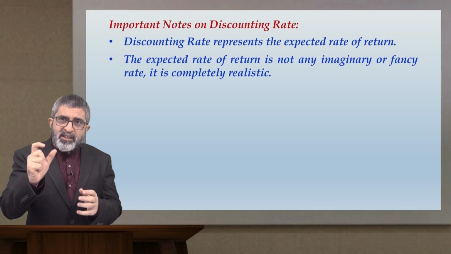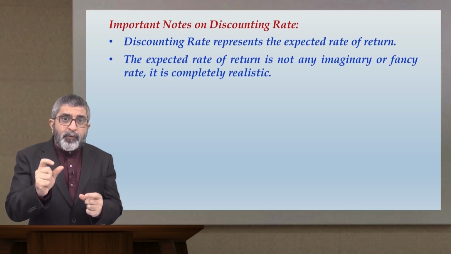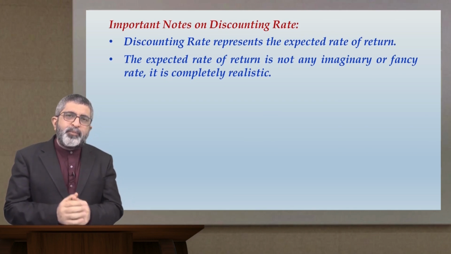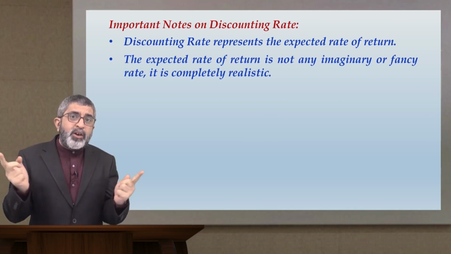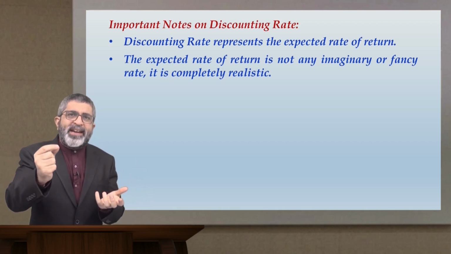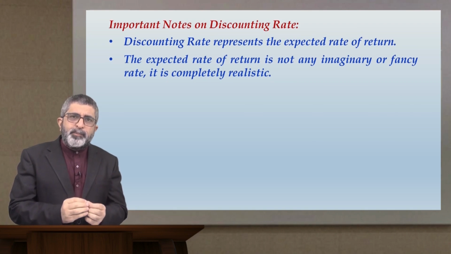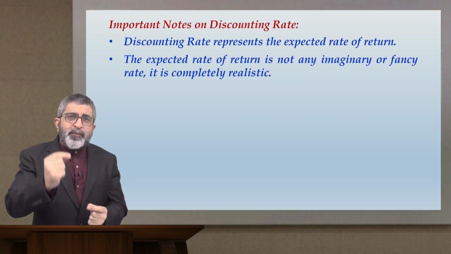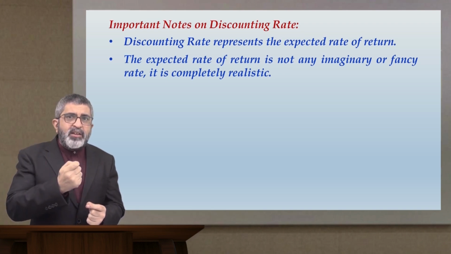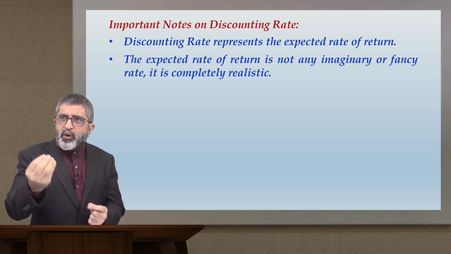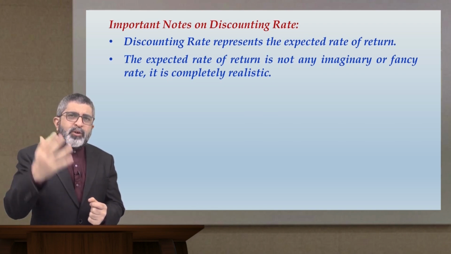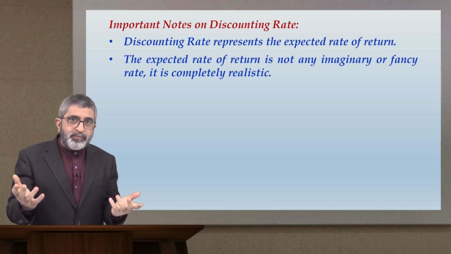What should be the realistic basis of arriving at this discounting rate? Two important aspects. One is the rate of return which is prevailing in the market. See, what is prevailing in the market, that only you can expect, correct? For example, you are going to be a freshly qualified candidate and you have observed that the pay package for any freshly qualified candidate is say $12,000 a month.